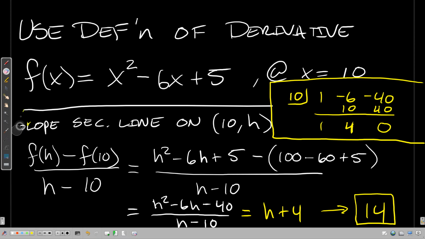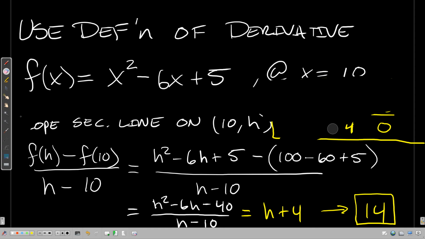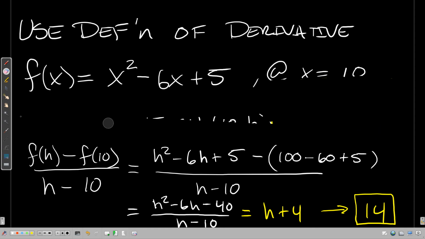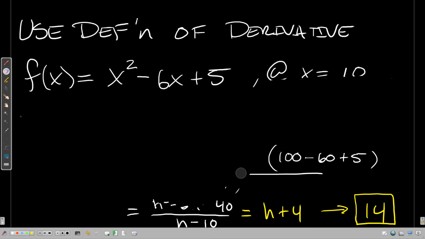Okay, so to see that this is really just all the same thing, I'll use the traditional difference quotient definition of derivative here. You do have to use the definition of the derivative.